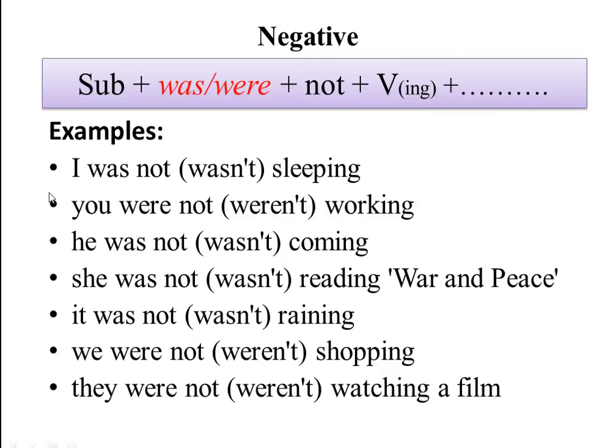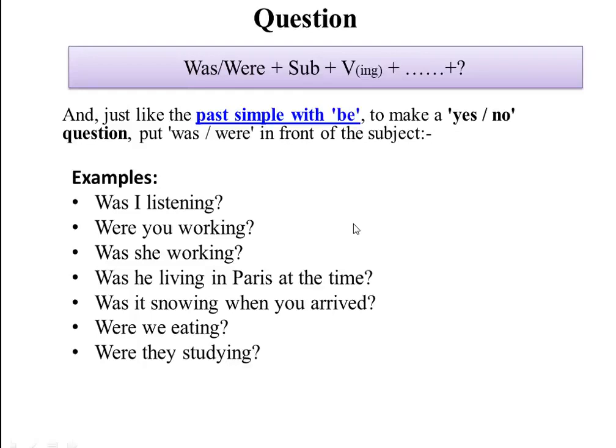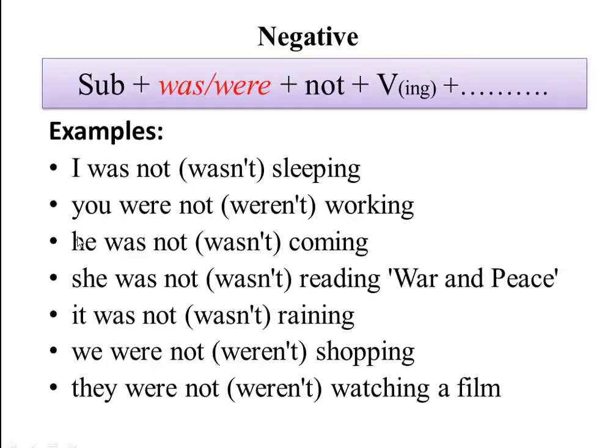You can use this in two ways, as a long form and a short form. I was not sleeping, or we can say I wasn't sleeping. You were not working, or you can say you weren't working. He was not coming.